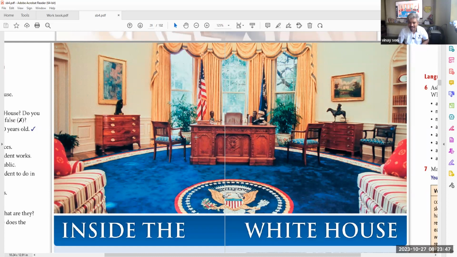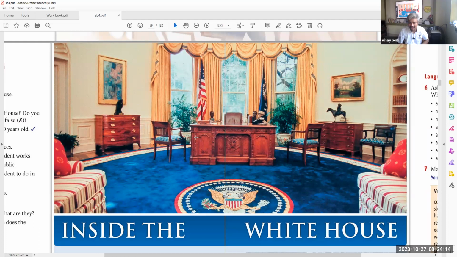Yes, there are flags as well. They are different flags. One flag is America's flag. The other flag, I don't know. It looks bluish. I don't know that flag. And there are some armchairs, and there are two sofas too.